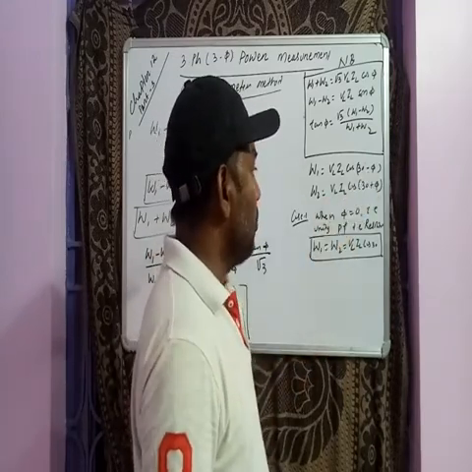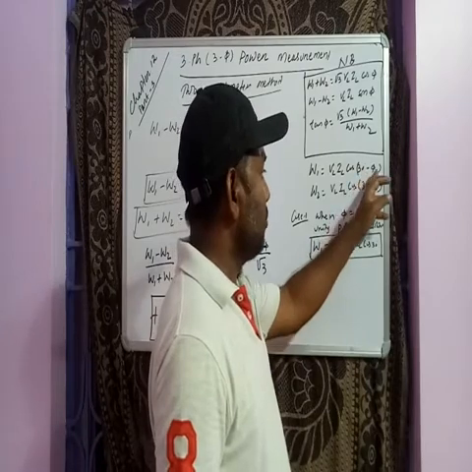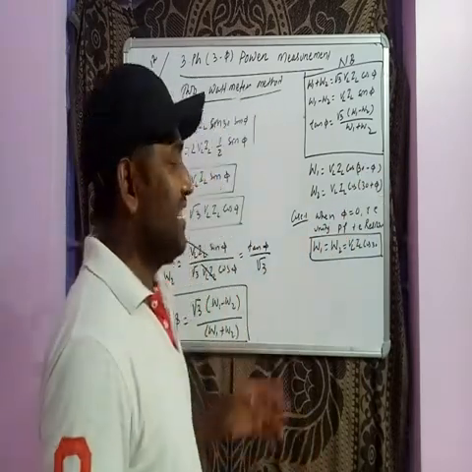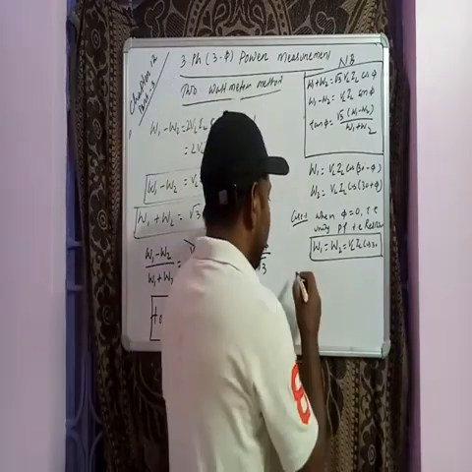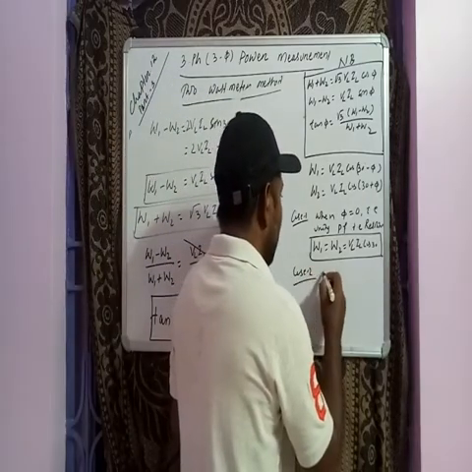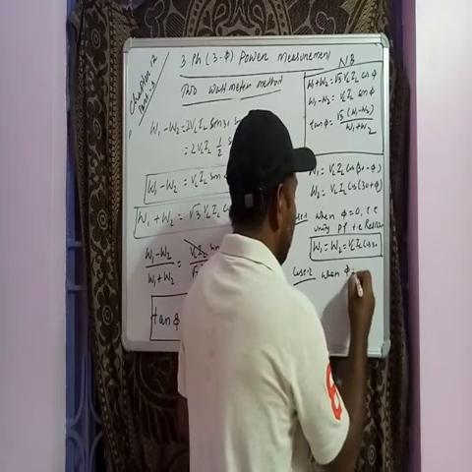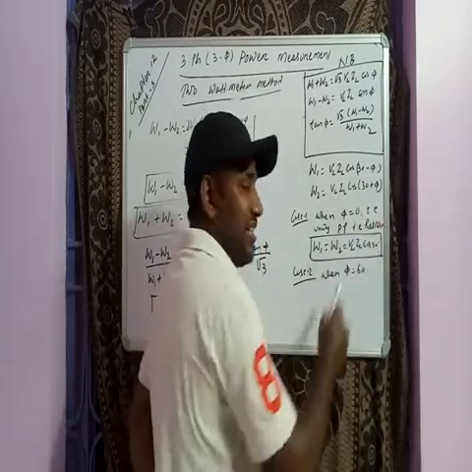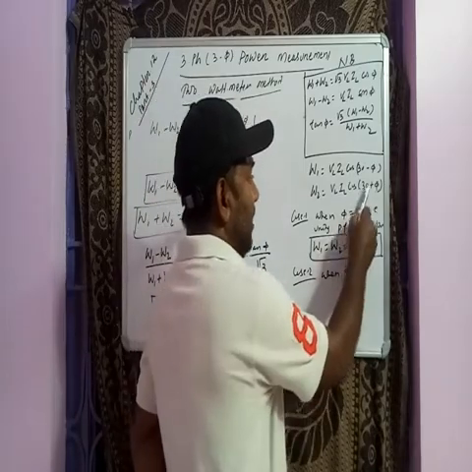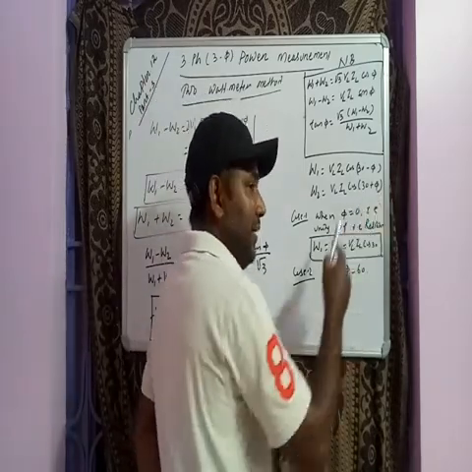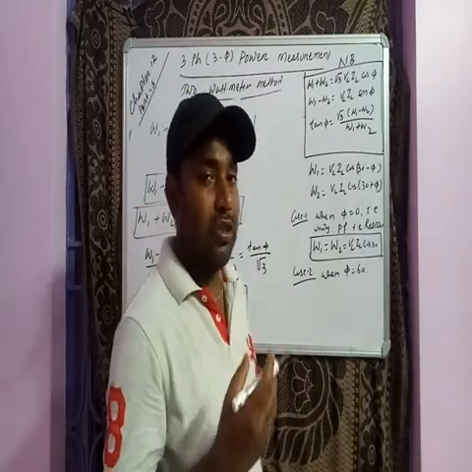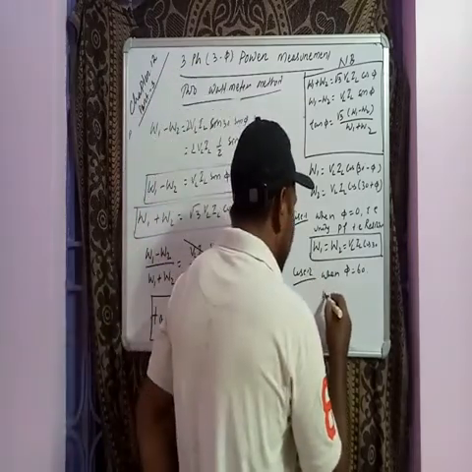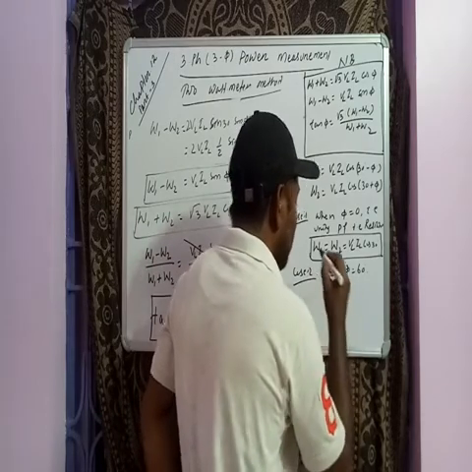Now suppose phi is 60 degree. So case 2, when phi is equal to 60 degree. If we put phi equal to 60 degree, then it is 30 plus 60, then cos 90. As you know, the cos 90 value is equal to 0, so W2 will be 0.